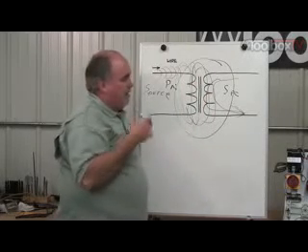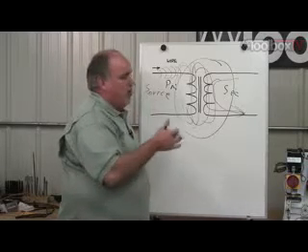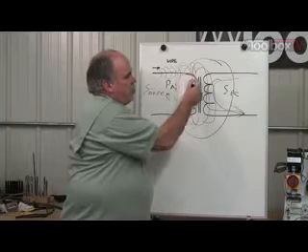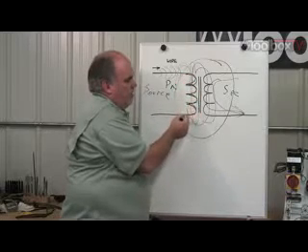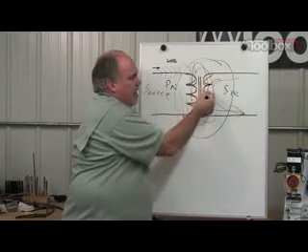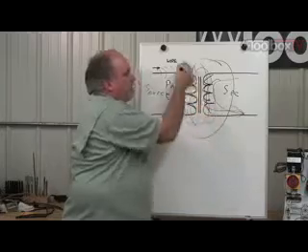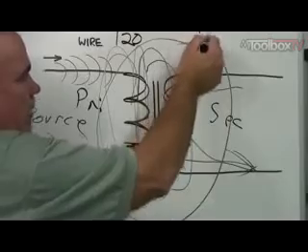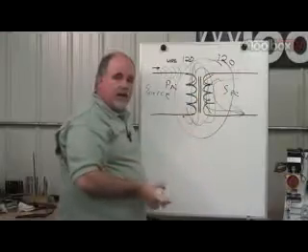Okay? If it's an isolation transformer, it means you're not changing the voltage. That would mean that the number of turns of wire on this side is the same on the secondary. So if you had 120 volts on the primary, you'd have 120 volts on the secondary.